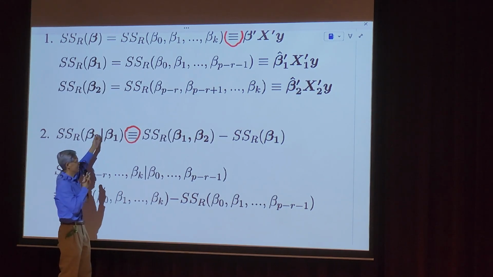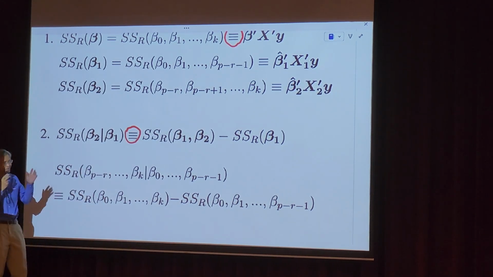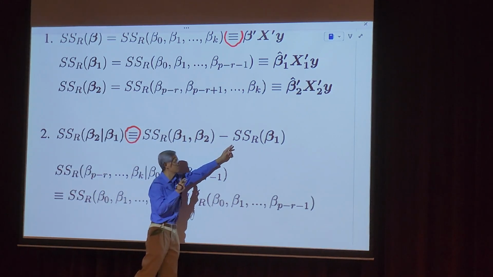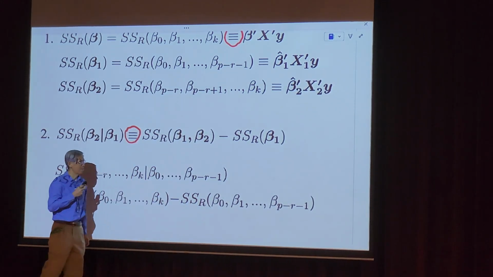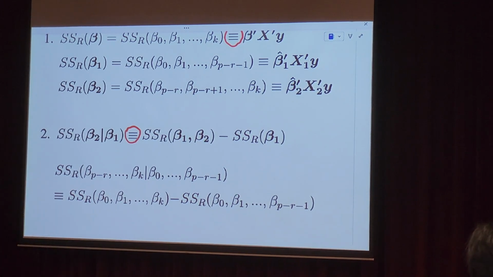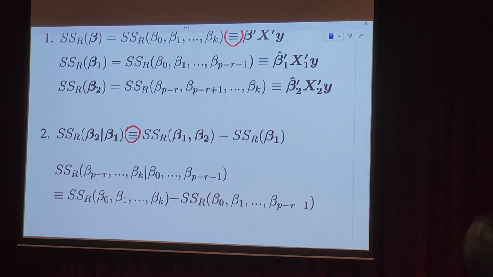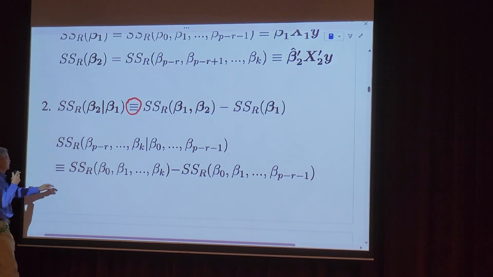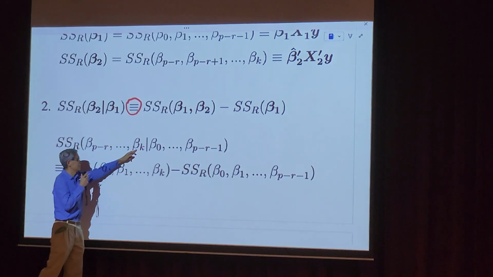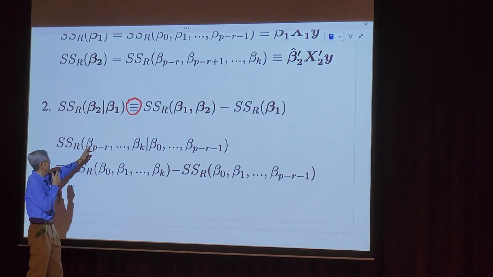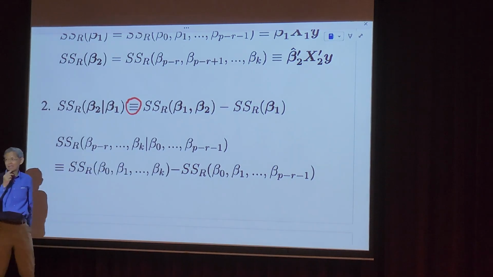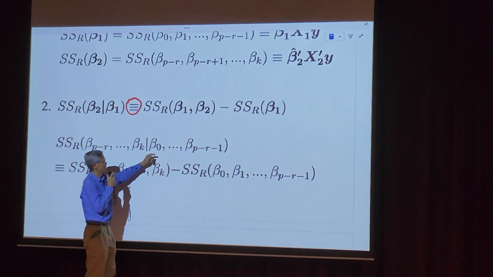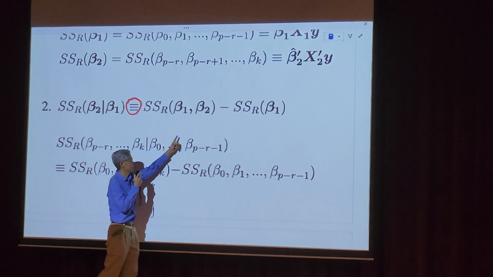So far we have not used any condition. Yeah? So I define this to be the difference between these two. Okay? So that's what it is. So in our case, beta 2 is just beta p minus r to beta k. And then beta 1 is the first p minus r regression coefficients.